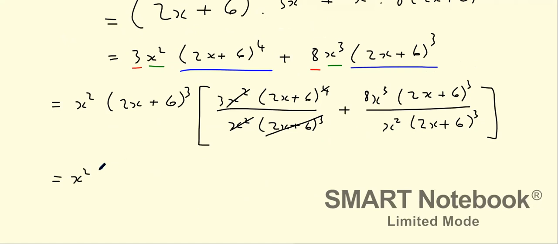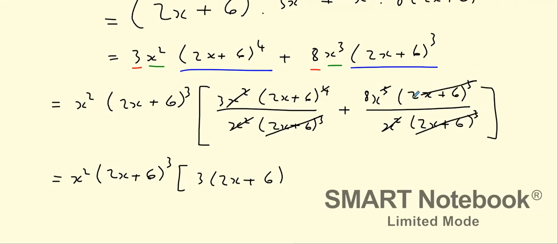So I've got x squared (2x + 6) cubed, open square brackets, 3 lots of (2x + 6). X squared crosses out with that. Cubed, they cross out. So I'm left with plus 8x. And so we are left with x squared (2x + 6) cubed.